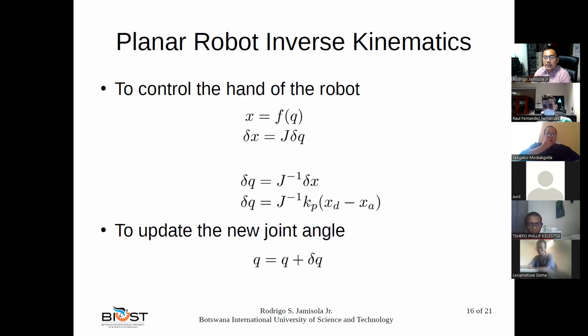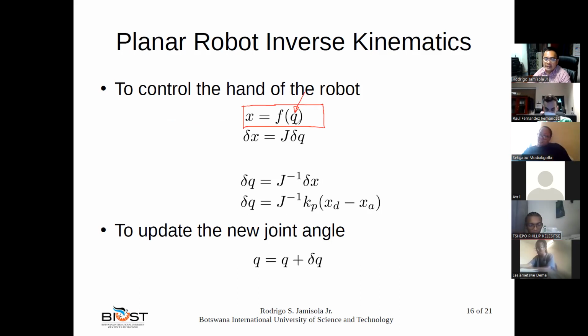Now, because we want to move the hand, the forward kinematics shows us this equation: you input angles, you get the hand movement. But that is not very meaningful.